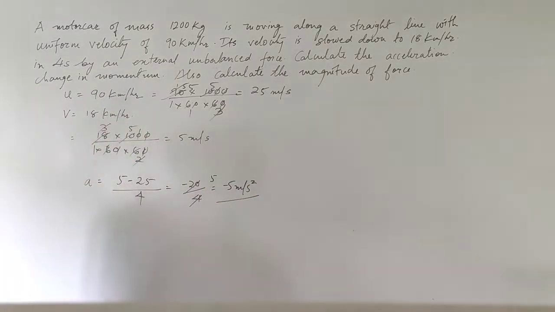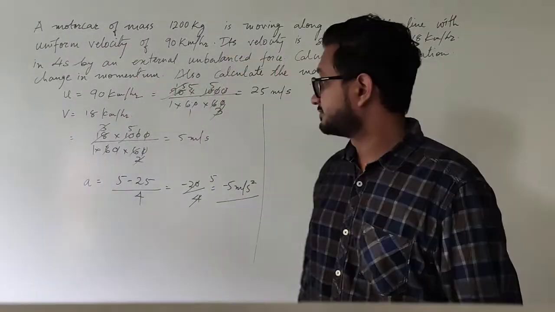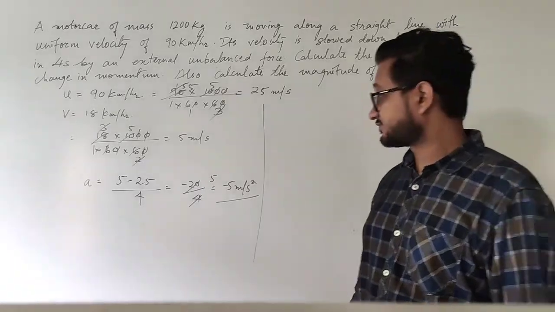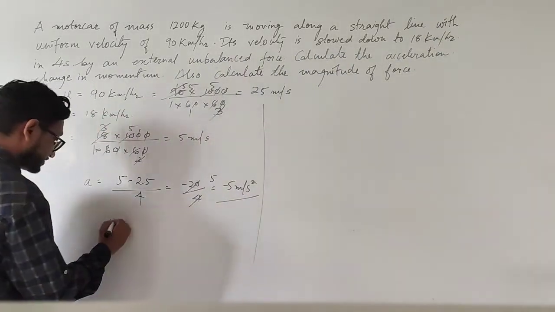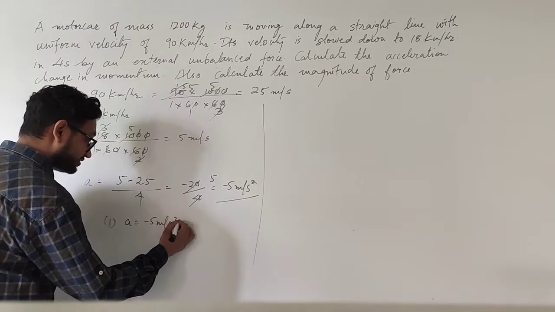So you have acceleration. Next part of the numerical. So the first thing that you did was finding acceleration, and first part of the question is done. a is minus 5 meters per second square.